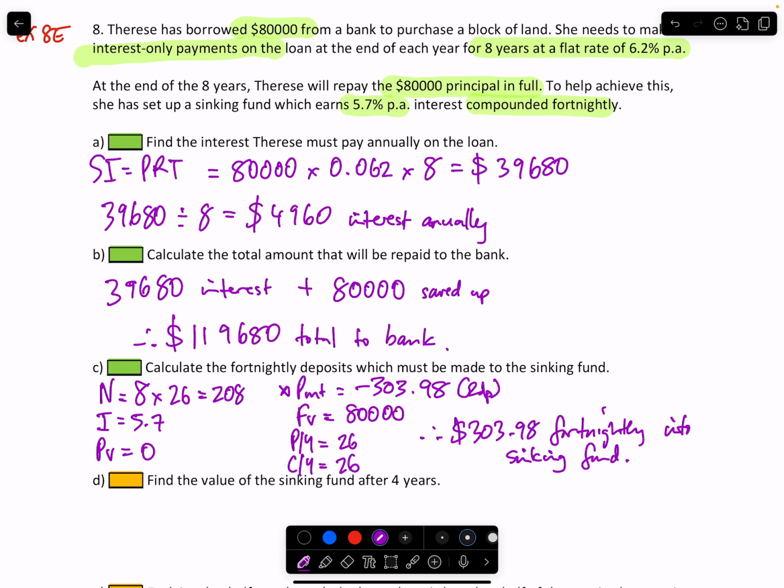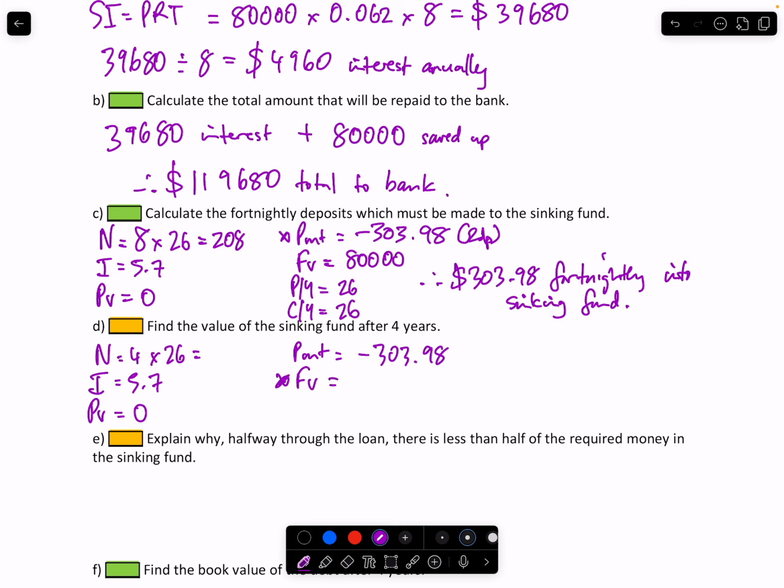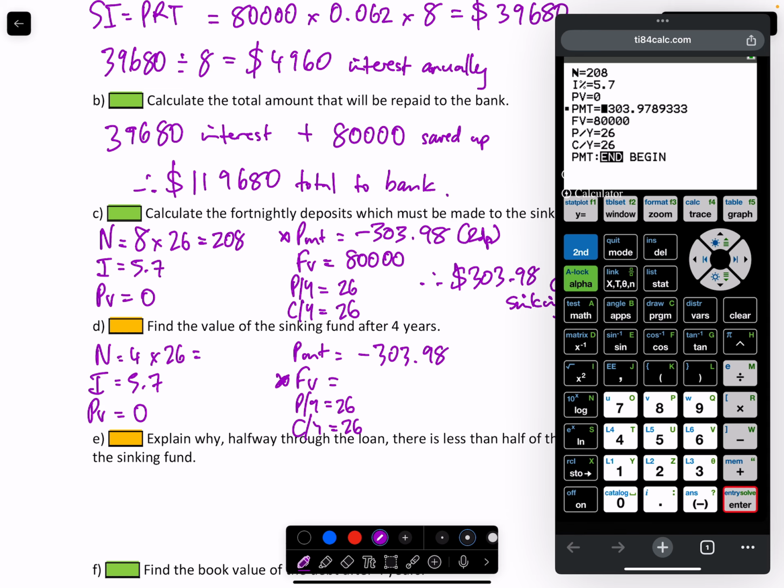Find the value of the sinking fund after 4 years. So this is what happens after the 8 years. What's the sinking fund at 4 years? N is going to be 4 times 26. I is 5.7. PV, start off with nothing. We're just working out what happens to this after half of the time. So FV, we don't know. PY is 26. CY is 26. What is 4 times 26?